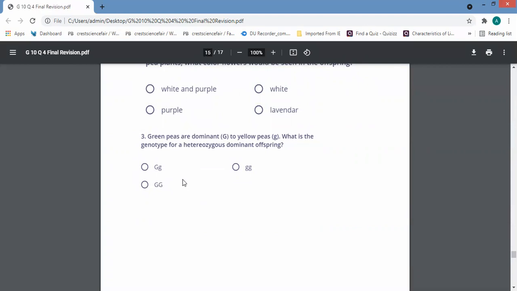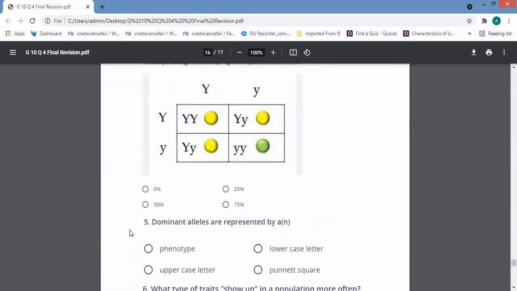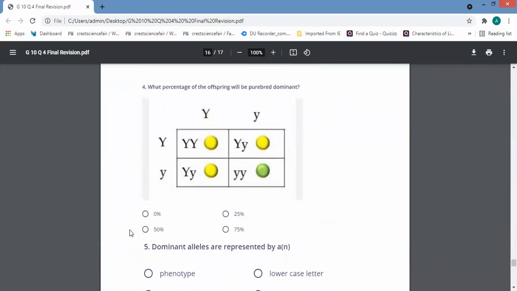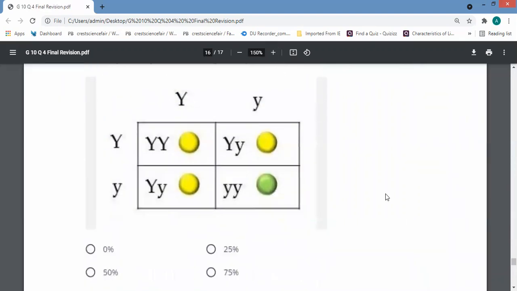What is the genotype for a heterozygous dominant offspring? The first one, G capital, G small. What percentage of the offspring will be purebred dominant from this Punnett square? 0, 25%, 50, 75.